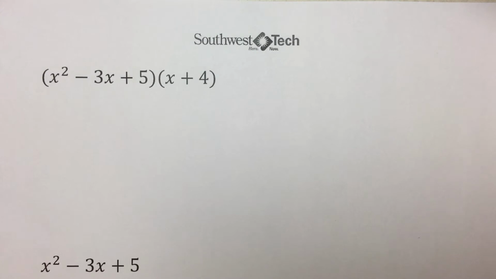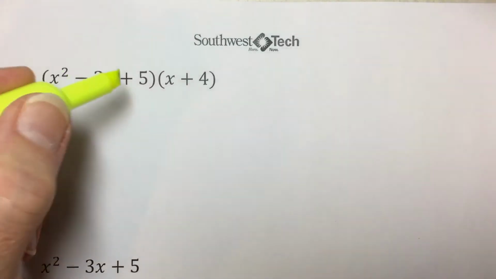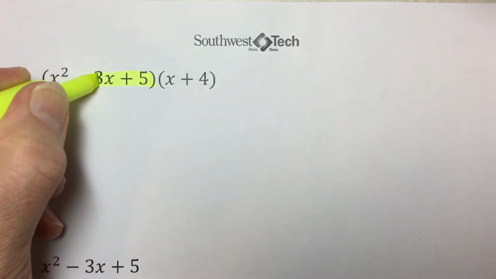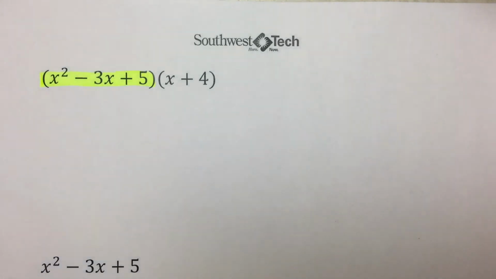To multiply two polynomials together, we will use the distributive property by treating one of those polynomials as though it were a monomial.